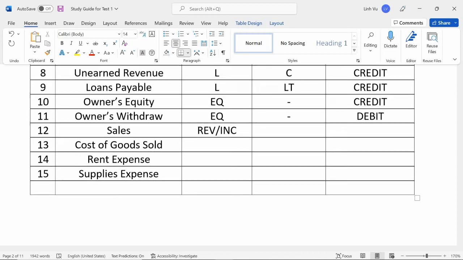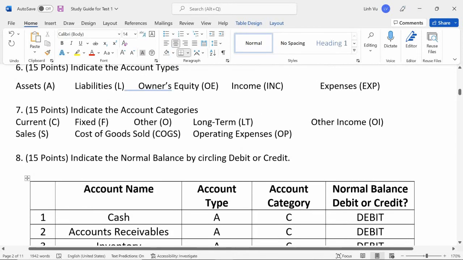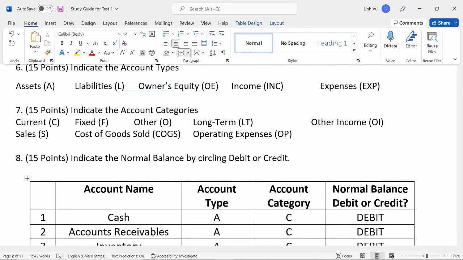Look at your options. You have other income, fixed, sales, cost of goods sold, operating expenses. Which one would it be?